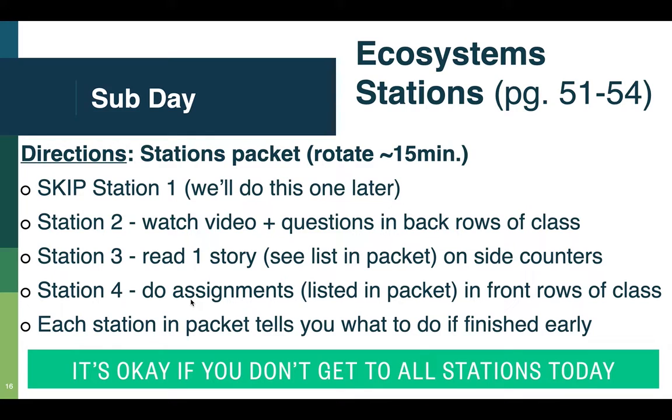The window side group, I'd like you to please start in the back watching the video. The middle group, I'd like you to start on the side counters reading a book. And then station 4 people, that's the wall side group, you're going to go fill the front rows and start working on assignments. Your packet explains it. I trust that you can read, but that's what we're doing for the rest of the day.